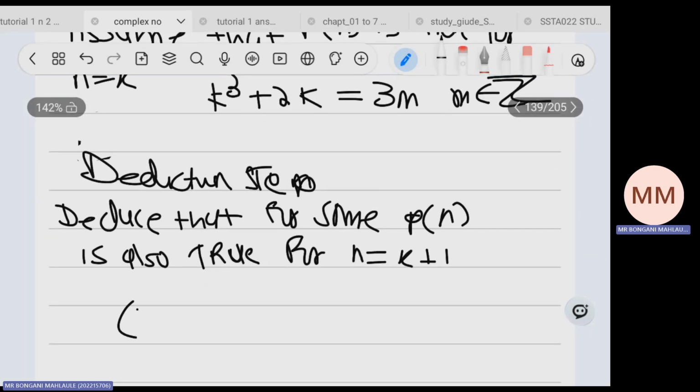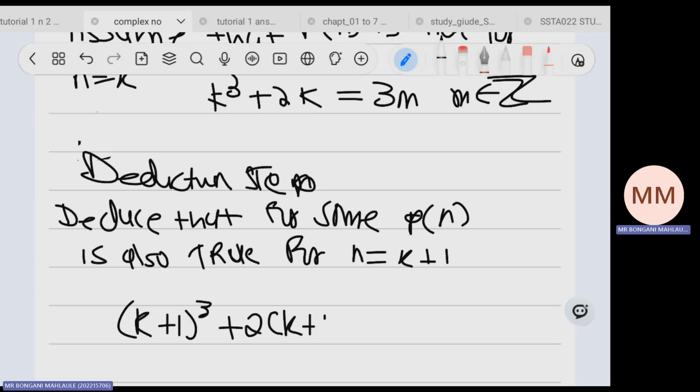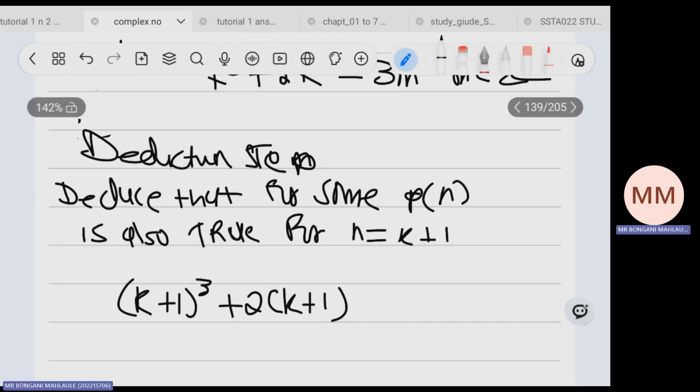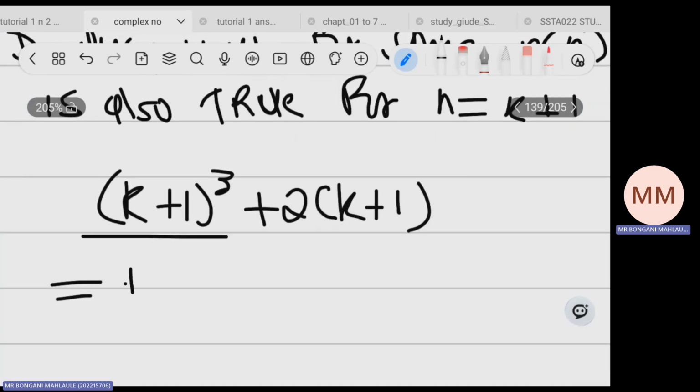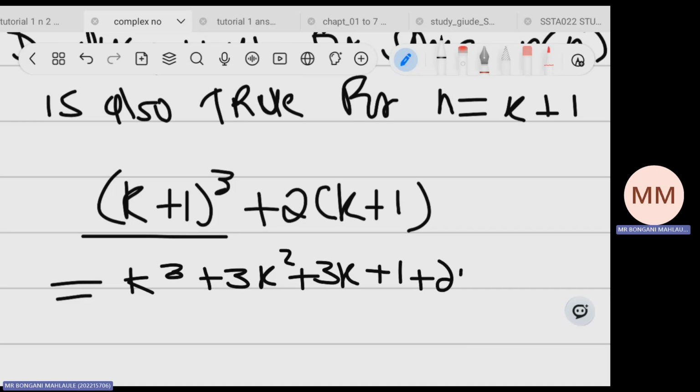So we're going to have k plus 1 cubed plus 2 times k plus 1. If we expand this term, you'll get k cubed plus 3k squared plus 3k plus 1 plus 2k plus 2.